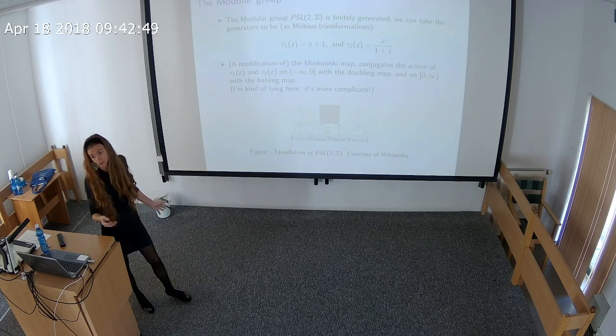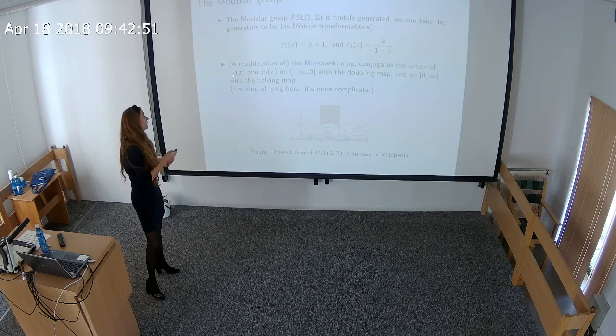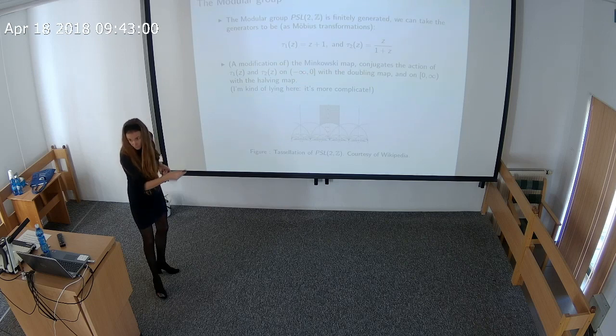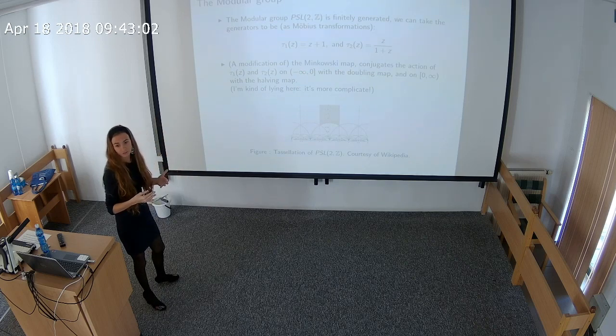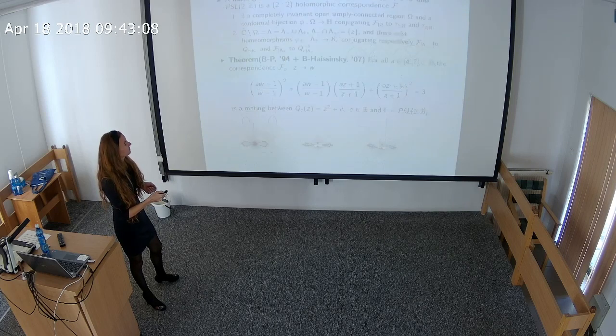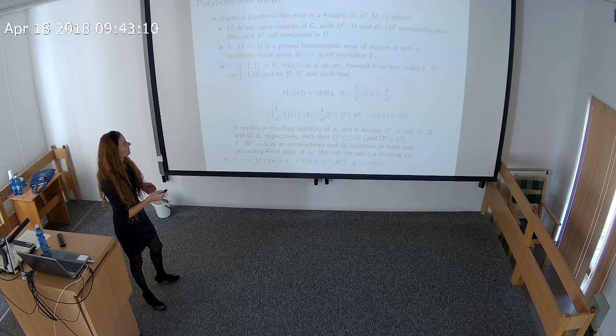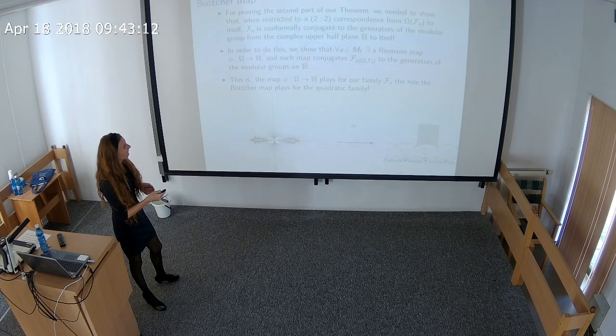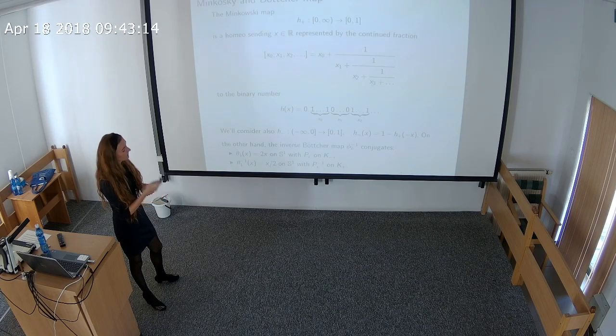You can just think about the fact that tau 1 of zeta doesn't leave the interval invariant, right? I mean, the image of minus infinity to 0 is minus infinity to 1. It's this map. I didn't want to enter these details, but I kept it just in case somebody asked.